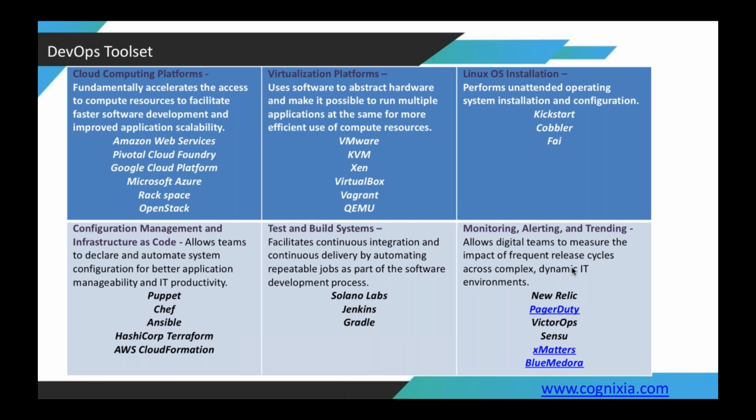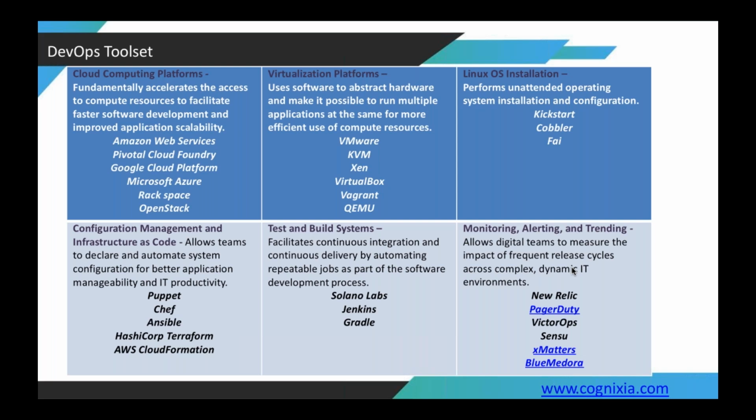All right, so let's talk about cloud computing platforms. There are multiple cloud computing platforms available. Amazon Web Services is a public cloud provider. Then Pivotal is there from Cloud Foundry. Then Google Cloud is also a public cloud. And Microsoft Azure.